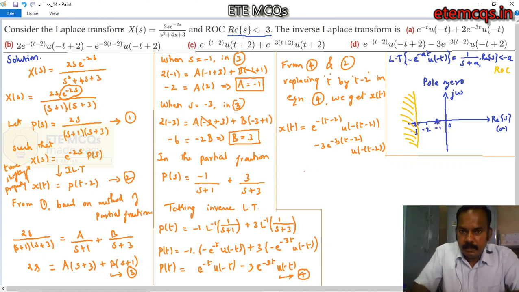So finally, x of t can be rewritten as e power minus of (t minus 2) into u of minus t plus 2, minus 3 times e power minus 3 into (t minus 2) into u of minus t plus 2.